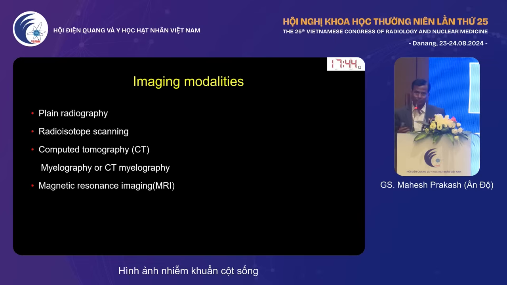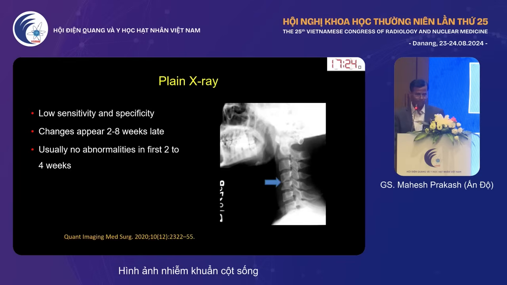So what are the imaging modalities nowadays? Most centers have radiographs, which have been available for many years. Then we have radioisotope imaging, CT scan, and MRI, and we'll see the advantages and disadvantages of each modality.